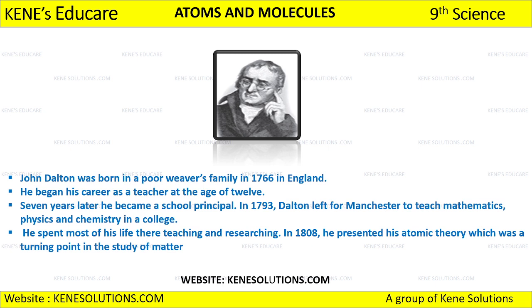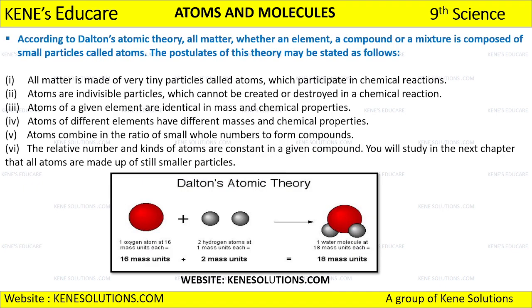While teaching, he was also doing research, because of which he came up with his atomic theory in 1808, known as Dalton's atomic theory, or the postulates of Dalton. These are the postulates we have studied so far, and I want each one of you to please go through them once.